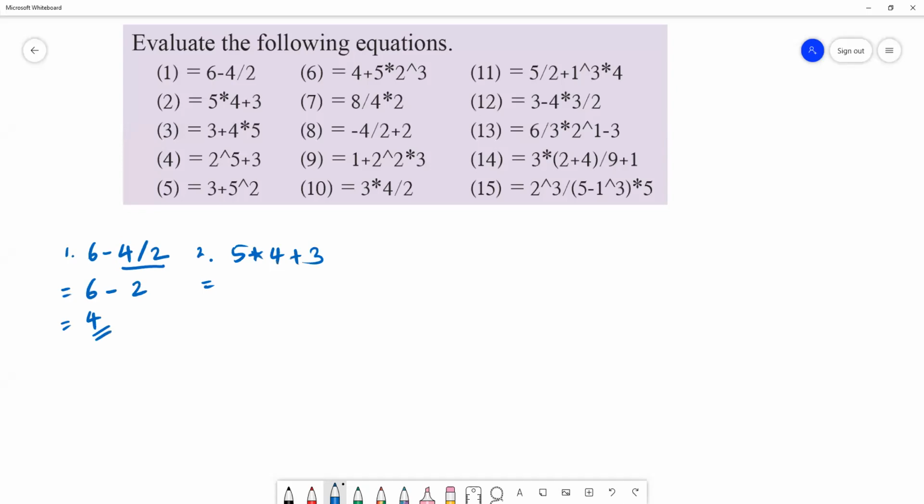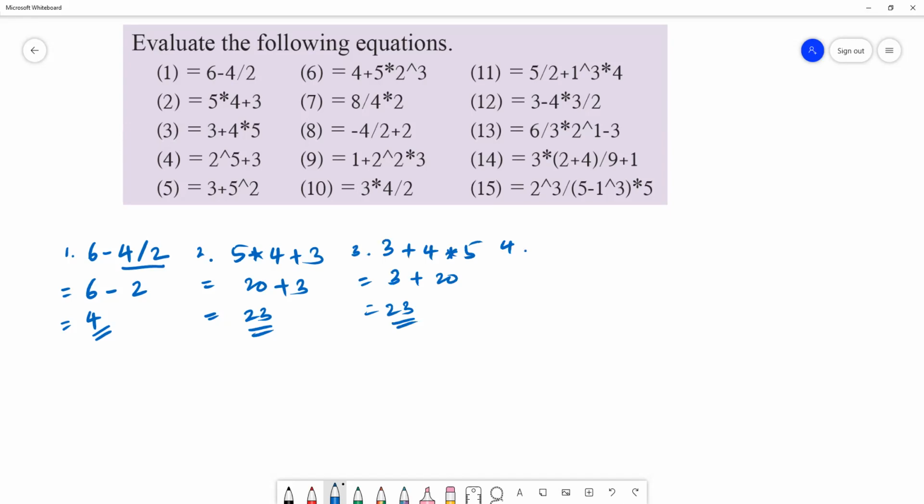So we know multiplication, 20 plus 3, so that is 23. Right? So third one, 3 plus 4 into 5, 3 plus 20, so that is 23.